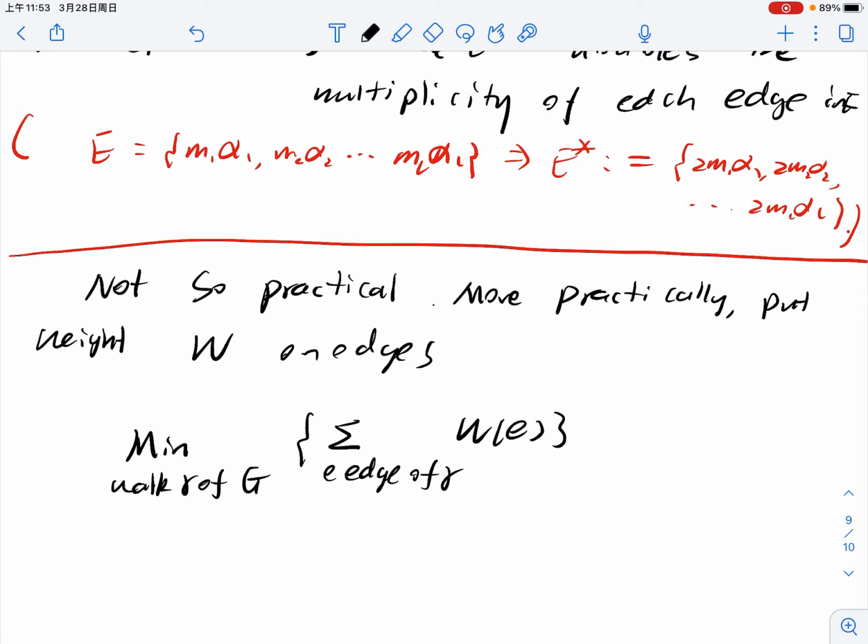Of course, here the gamma visits each edge at least once.